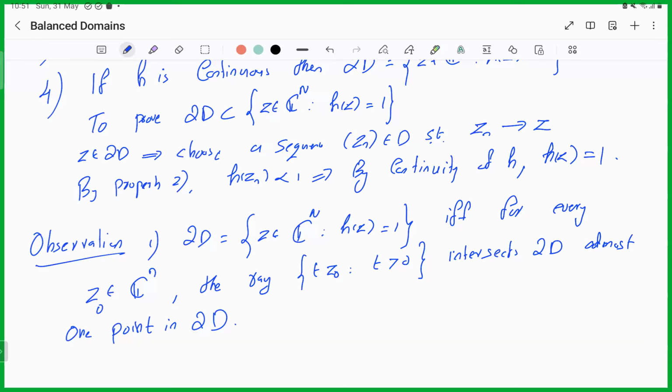That means every ray intersects the boundary at most one point. If D is unbounded, the ray need not intersect the boundary. If D is bounded, it must intersect the boundary at only one point. This is the geometrical characterization of this condition.